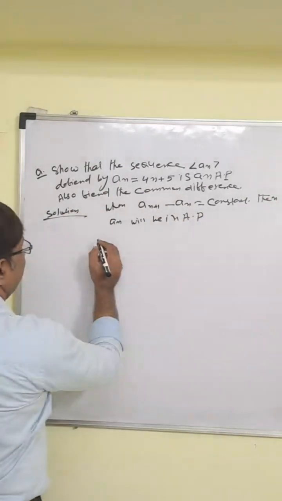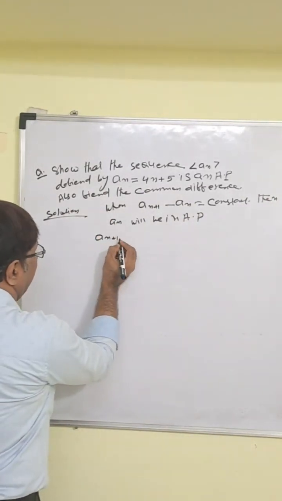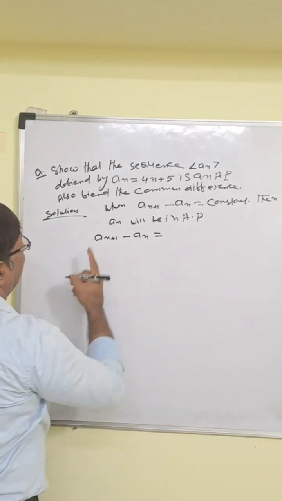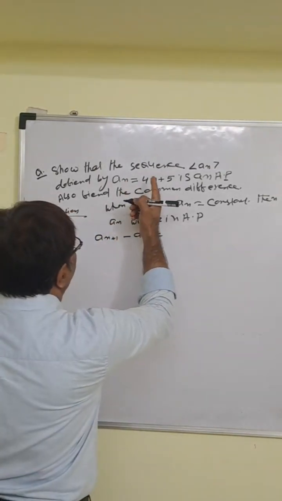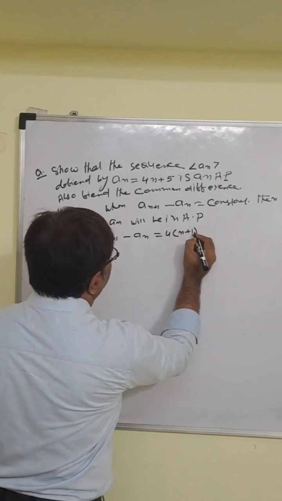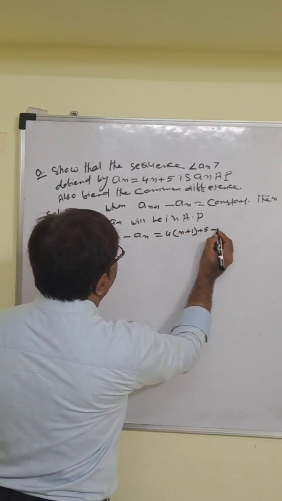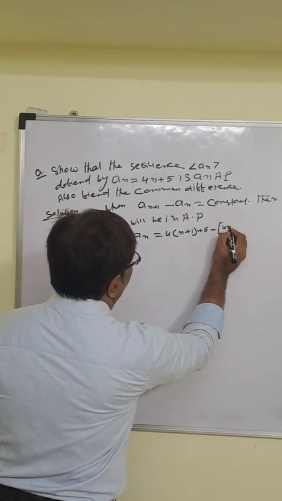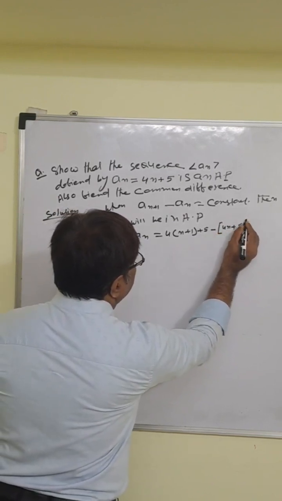So first we will check a_(n+1) minus a_n equal to what? For a_(n+1), just put n equal to n plus 1. So we'll get 4 into n plus 1 plus 5, and minus a_n. a_n means that is 4n plus 5 simply.